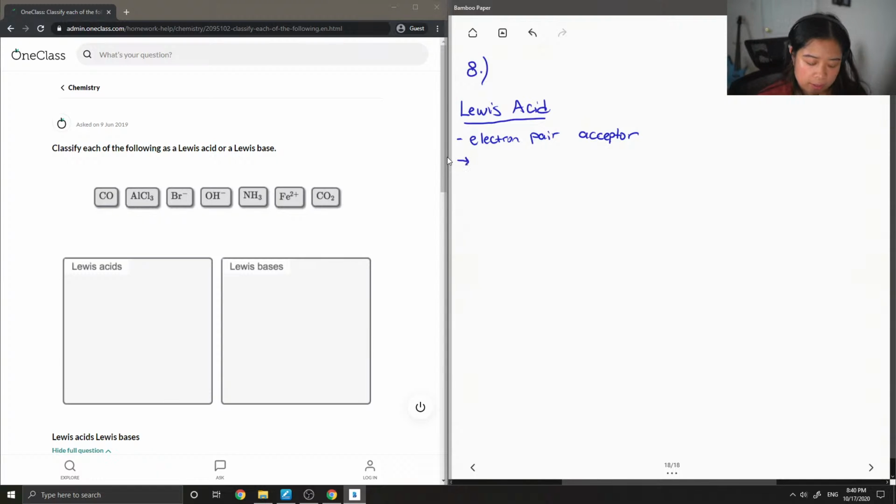And typically these molecules have multiple bonds between atoms. Also, all positively charged ions are Lewis acids. And also, they tend to have empty d orbitals.